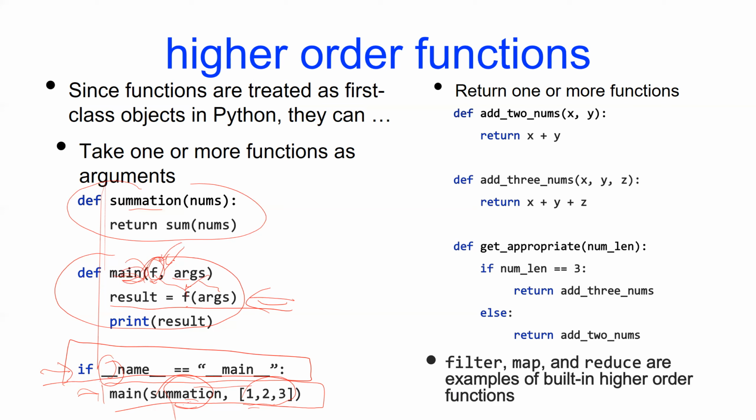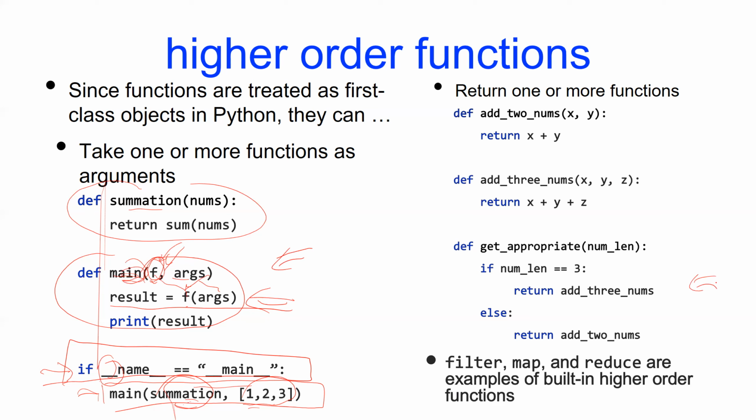So let's see another very interesting example, to return a function as a result of another function. In the first example we passed a function as a parameter. Now we will see how to return a function as a function result.